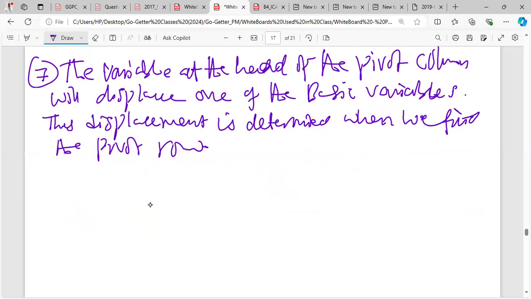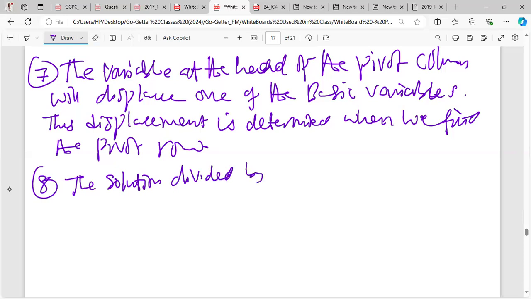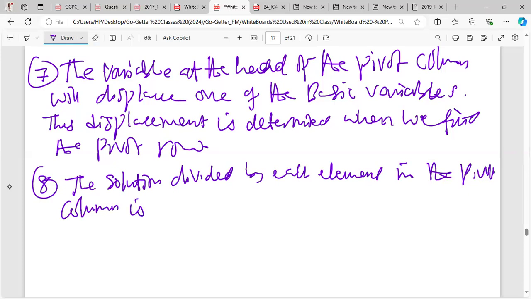Number 8, the solution divided by each element in the pivot column is done.